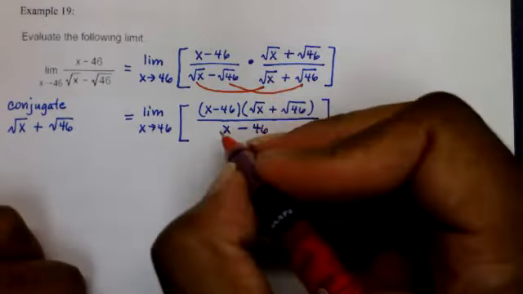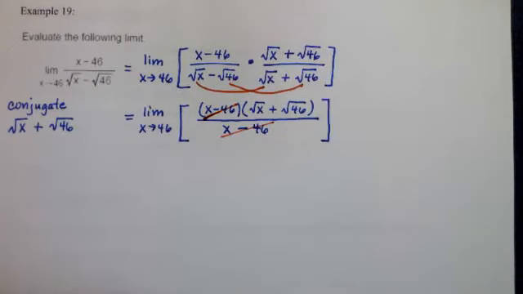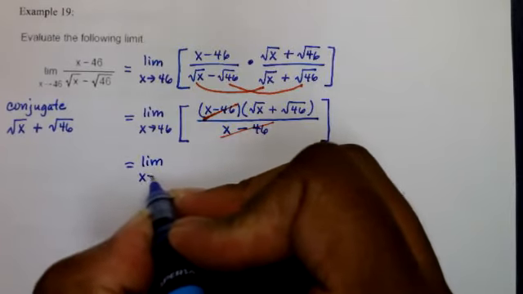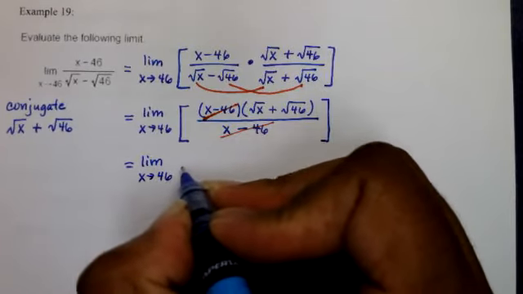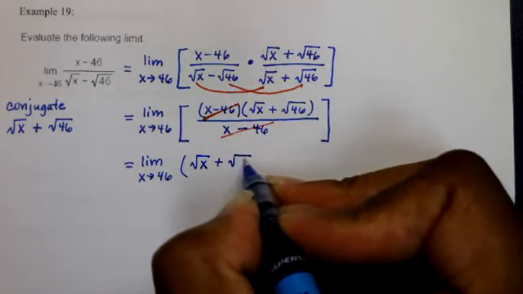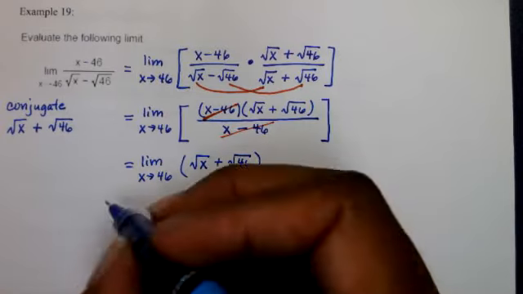And notice I can divide out the x minus 46s, they're gone. That would mean I will have a limit as x approaches 46 of the square root of x plus the square root of 46. Well, I don't have anything in the denominator, so that means I can do direct substitution here for this limit.